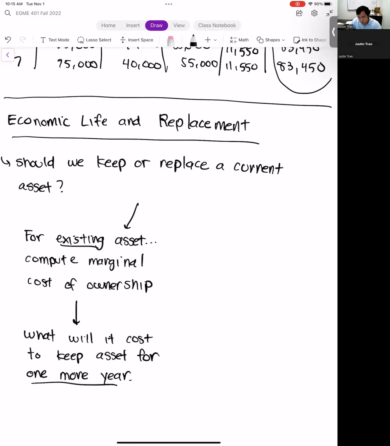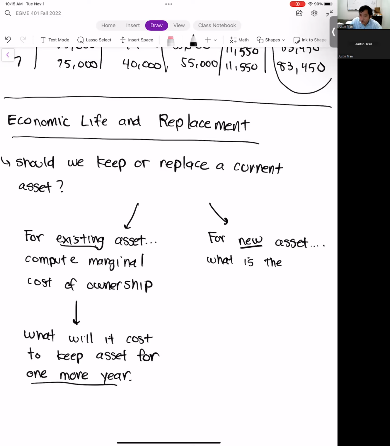Okay. What you're going to compare it to is a new asset. You're going to compare it to basically the yearly cost of ownership for that new asset, over a certain period of time. Right.